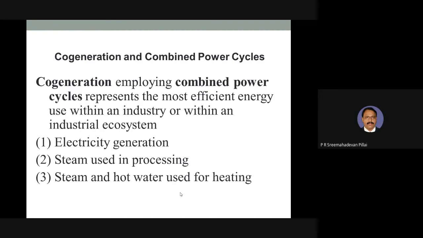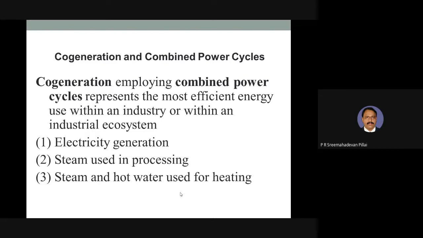Cogeneration. I don't know if anybody knows what cogeneration is. I think there are some electrical people and some mechanical people here. Let me see how many of you know the point of cogeneration. What does it mean? So that without me explaining, let me see. Please come to the chat box and tell me who knows what cogeneration is.